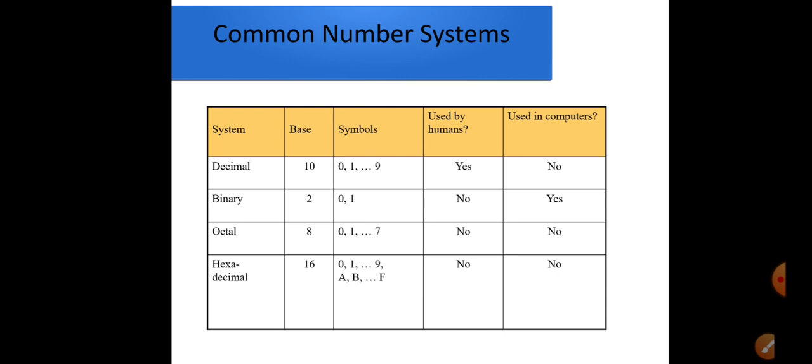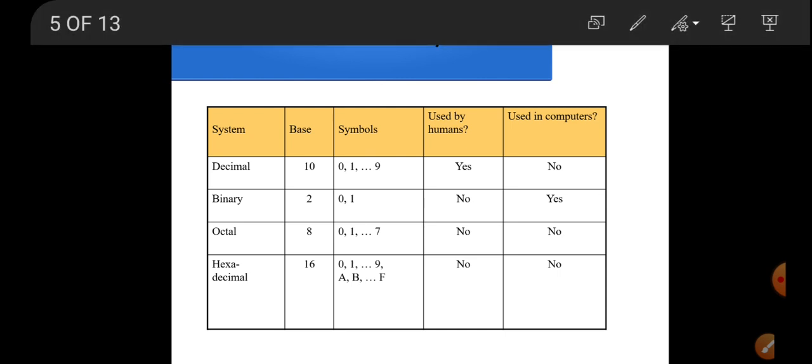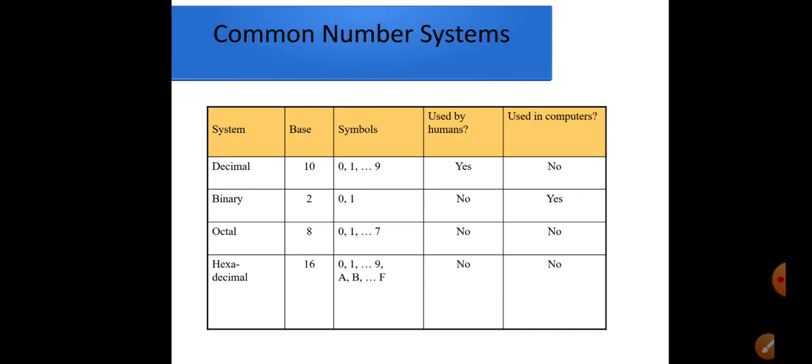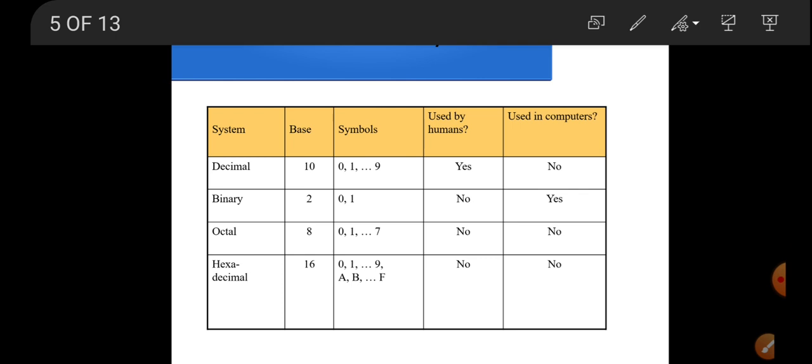As shown in this table, I have shown their various symbols used in the corresponding number system, whether humans can use them or not, as well as which number system is used by computers. The binary number system has only two symbols, 0 and 1. The octal number system has a total of 8 symbols, 0 to 7. The hexadecimal number system has 16 symbols from 0 to F.